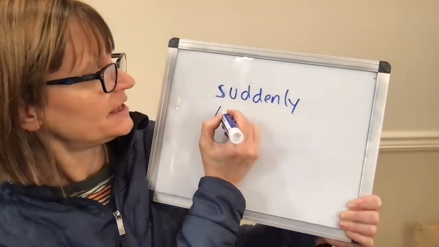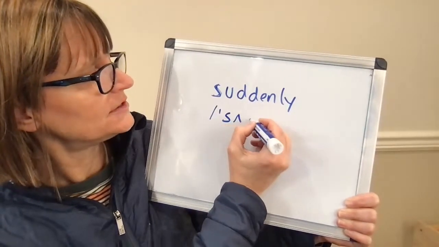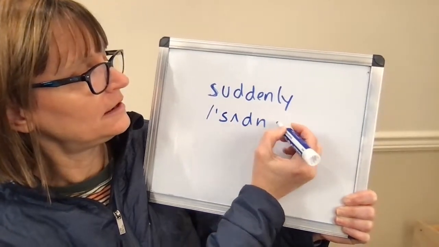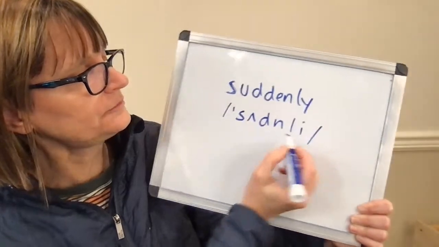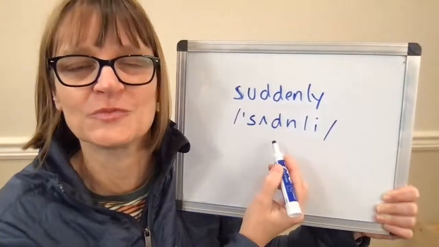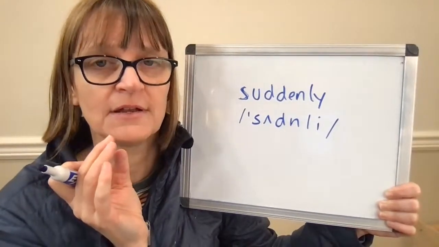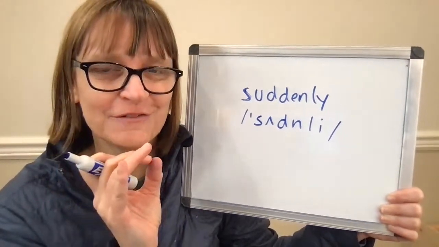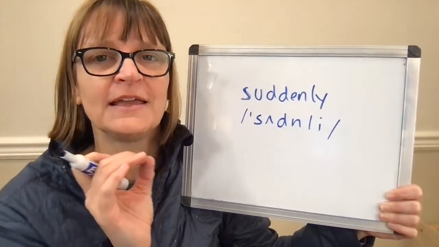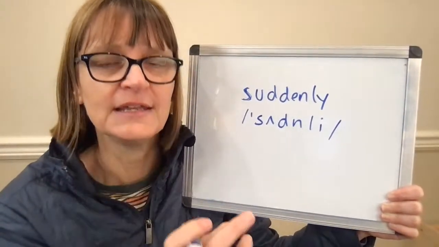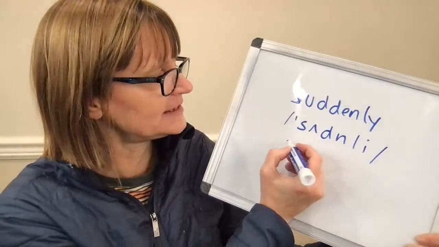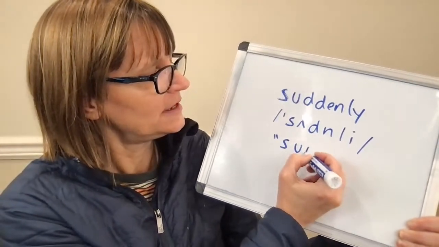So it sounds like first syllable stress, suddenly. And the N in this word is a syllabic N. So when I say sudden, I just basically move directly from the D to the N. And then for suddenly, I just add the li. So it kind of sounds like suddenly.